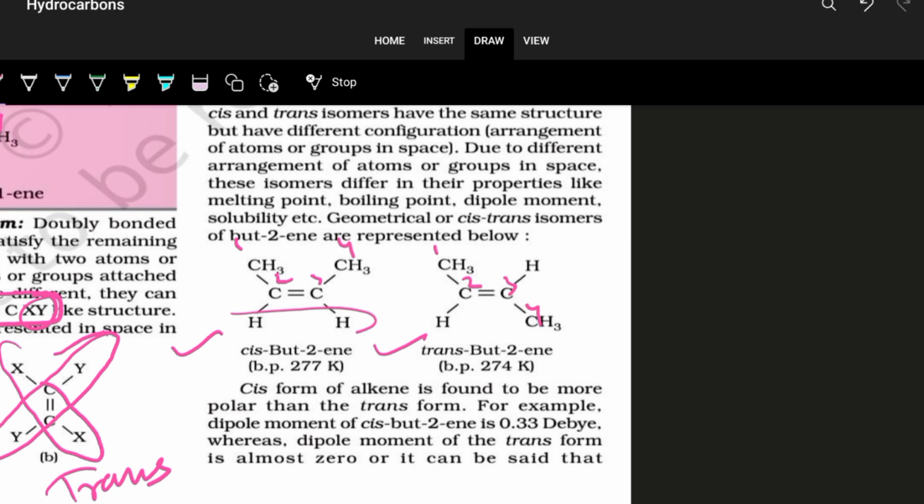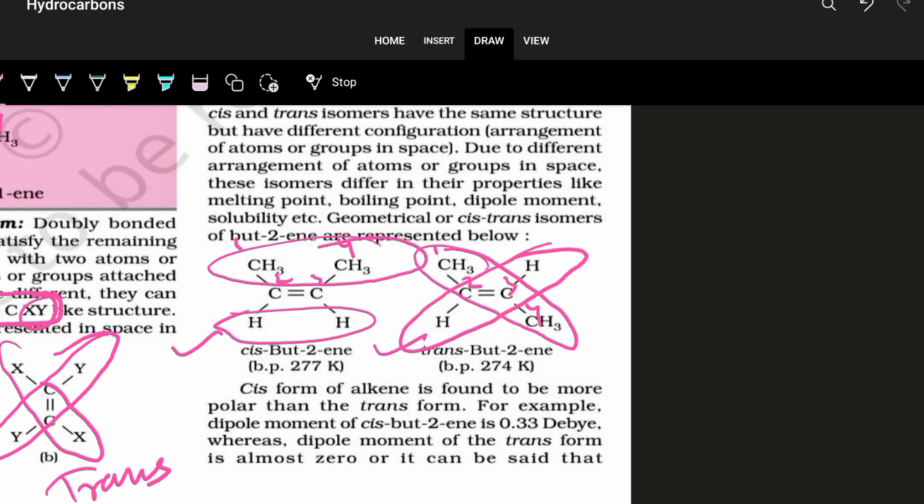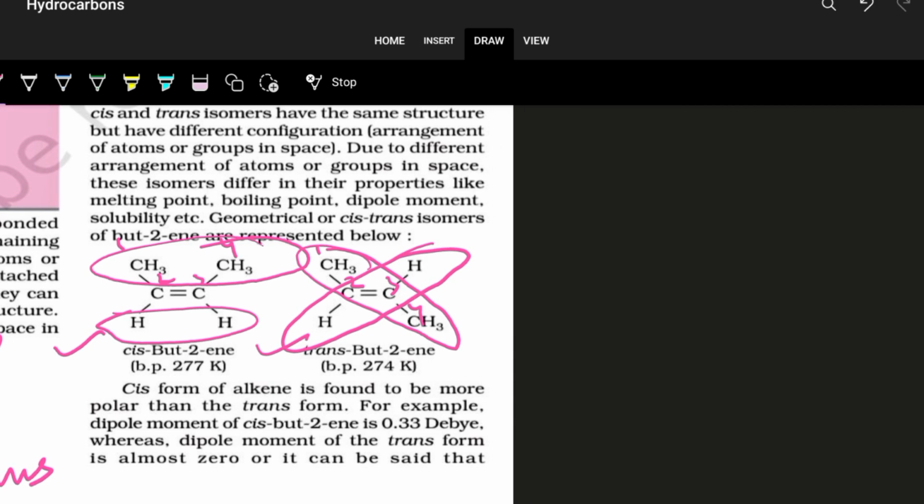So if you have same or similar groups on one side, it is cis. And if you have same or similar groups on opposite sides, it is trans. The trans isomer always is less polar or non-polar than the cis.